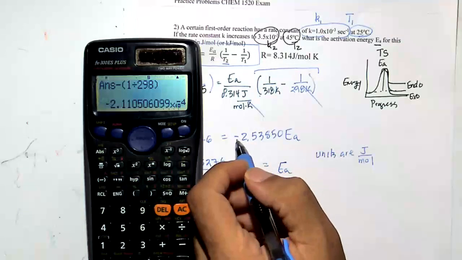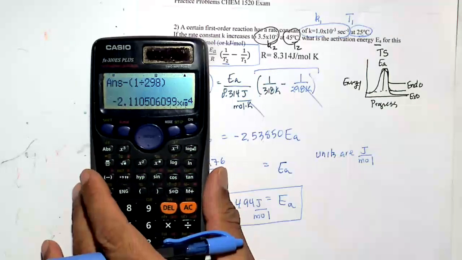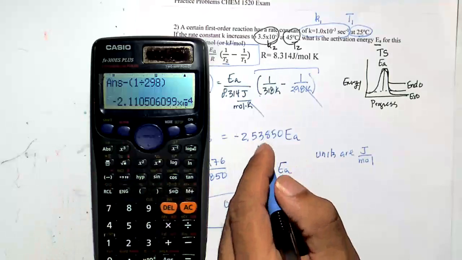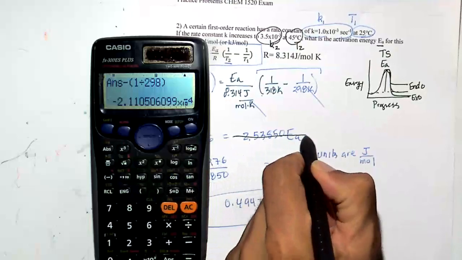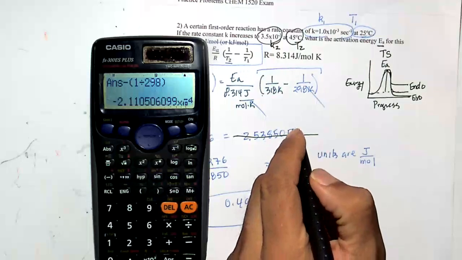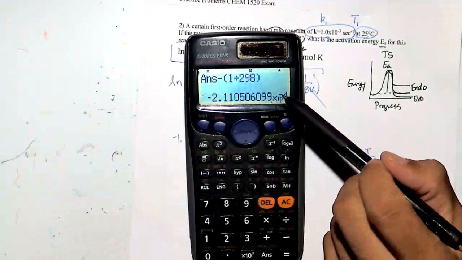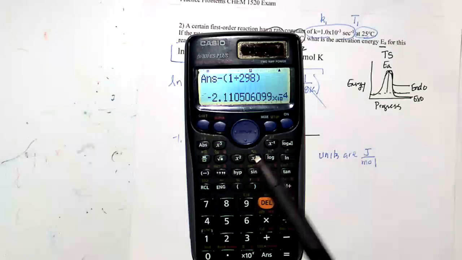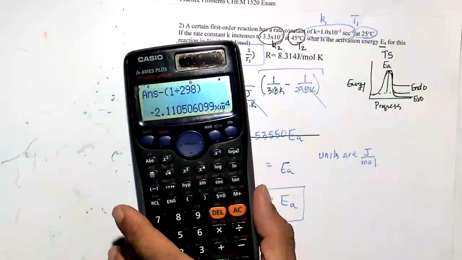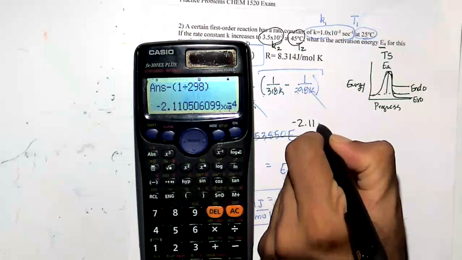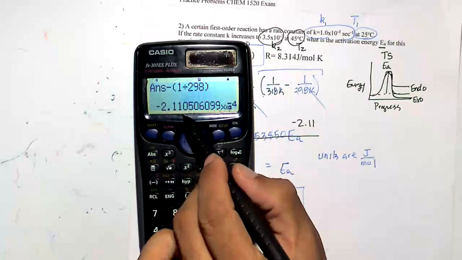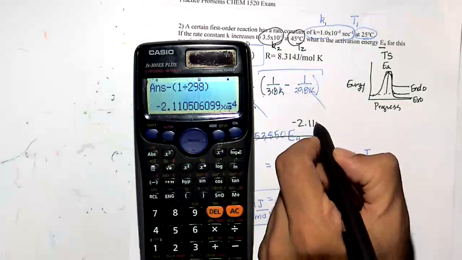Okay, is this what you got? Yes. Negative 2.11 times 10 to the negative 4 is what I got. Yeah, that's what I got. Negative 2.11 times 10 to the minus 4th.